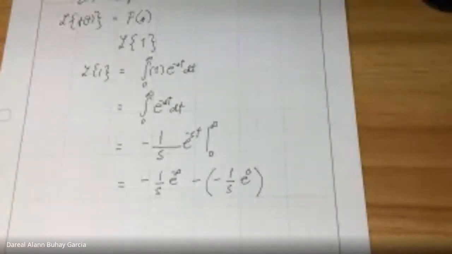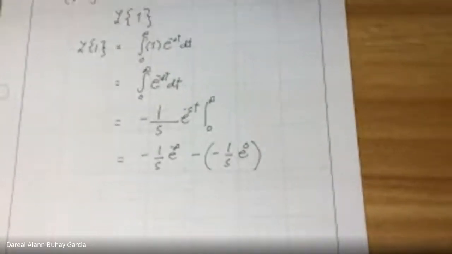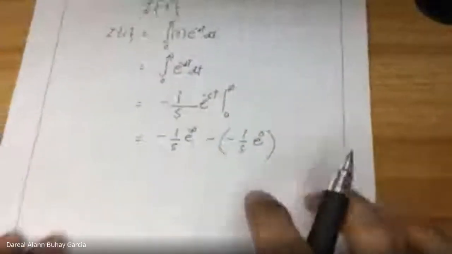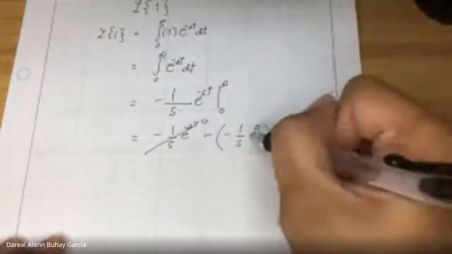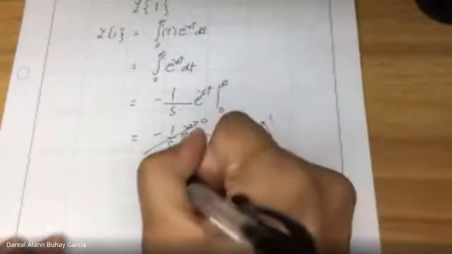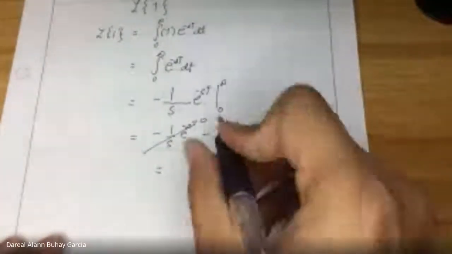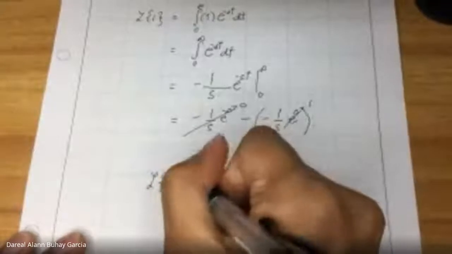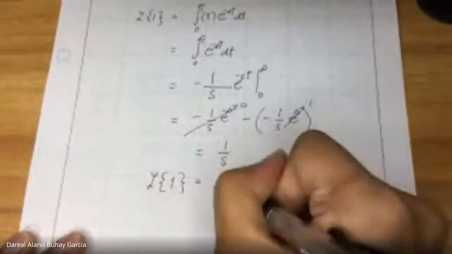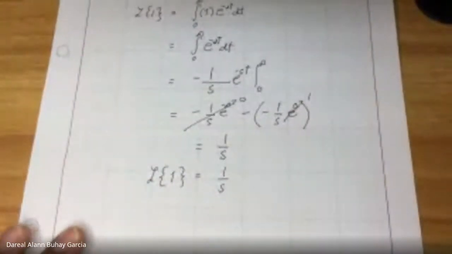Negative infinity man. 0 day, sir. 0. Very good. So, 0 na siya. Negative, positive. E to the 0 is 1. Meaning, ang nabilin na lang is 1 over s. Meaning, the Laplace transform of 1 is equal to 1 over s.